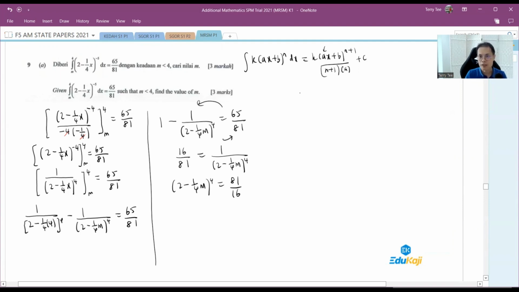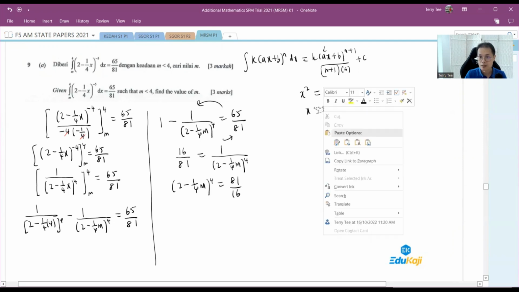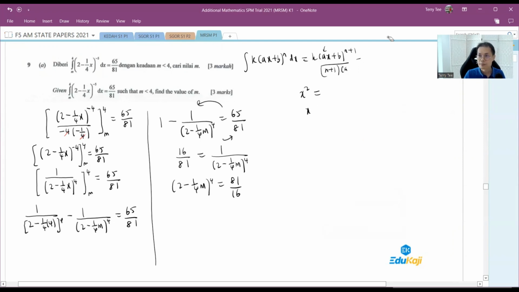Now, I hope you know that if I give you x squared equals 4, when you square root 4, you have to put a plus minus, right? So this is 4, so the square root is plus minus 2. Now, if I say x power 4 is 16, now 16 is actually 2 power 4.